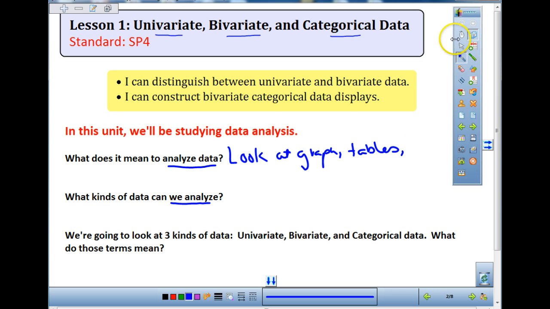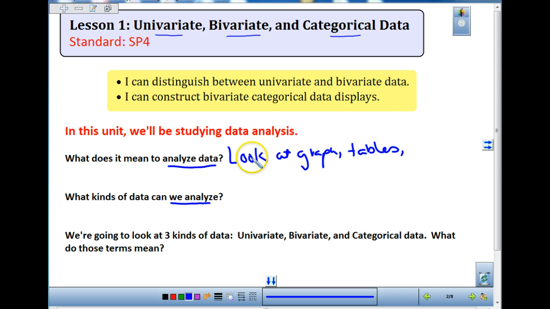We might look at the graphs and tables, and then we have to interpret what it's trying to tell us. When we interpret that data, we're trying to interpret what's happening. We can look at different types of statistics, population, all kinds of different things.